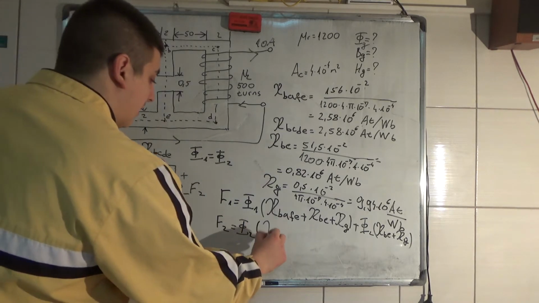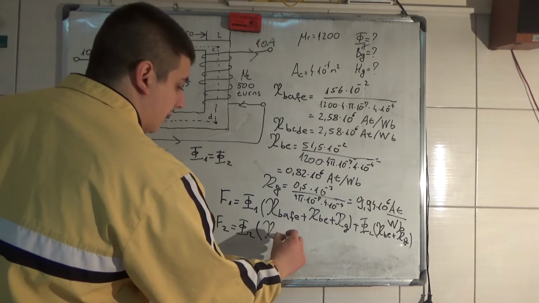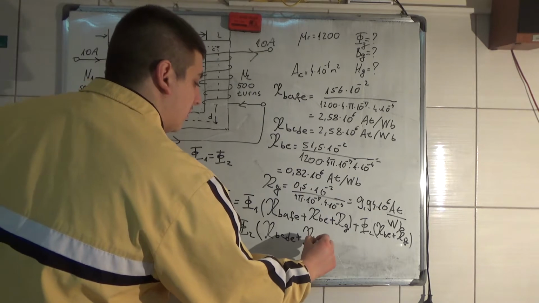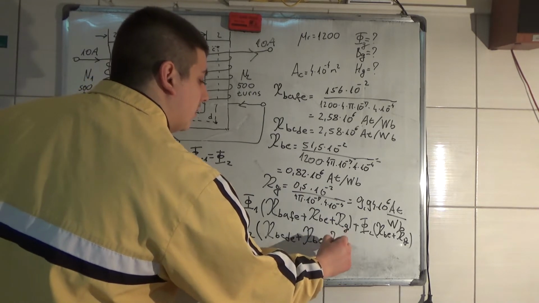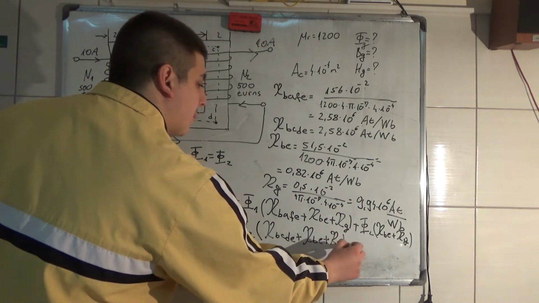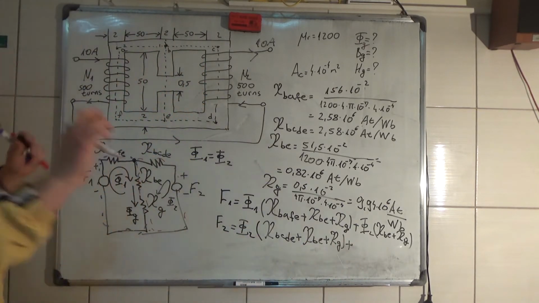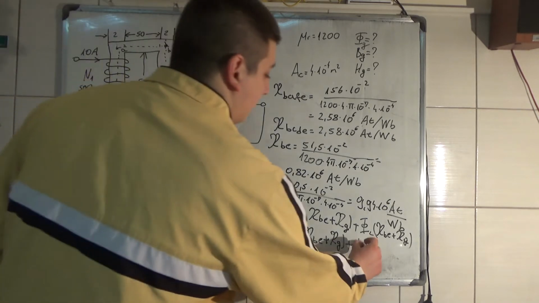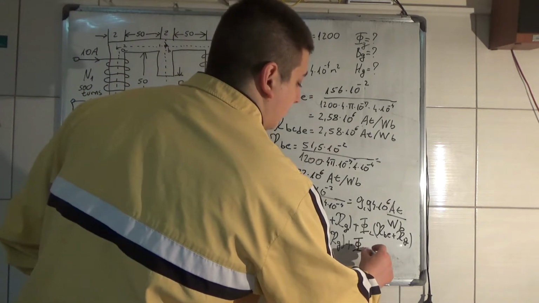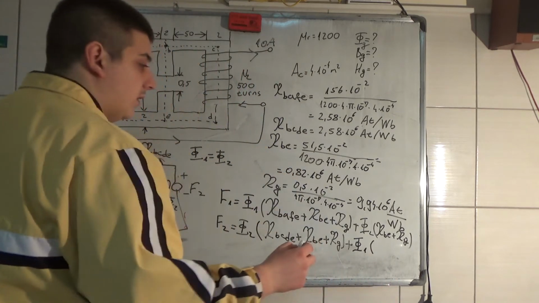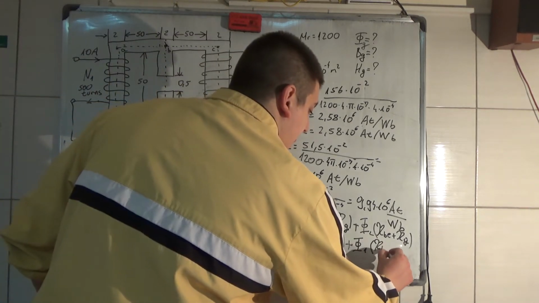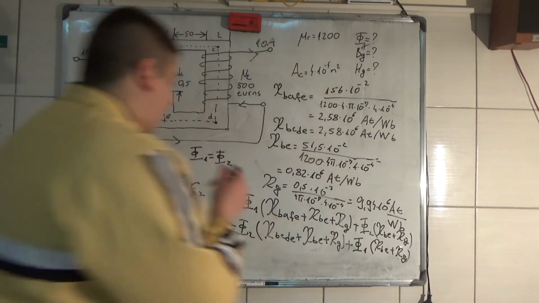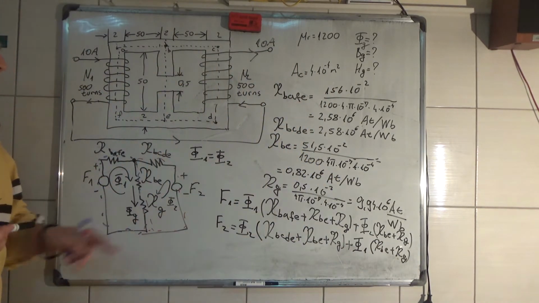So you write like this, plus the magnetic dropouts of this flux 1. So these are the equations for these closed loops.